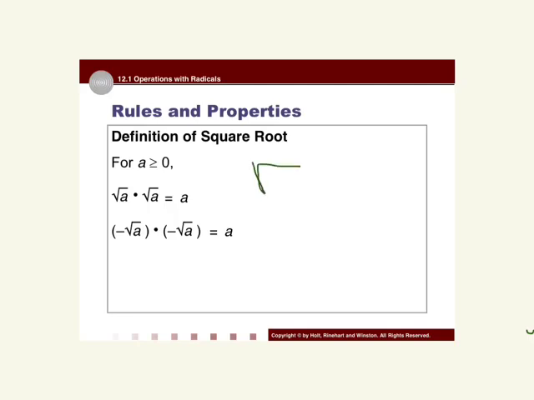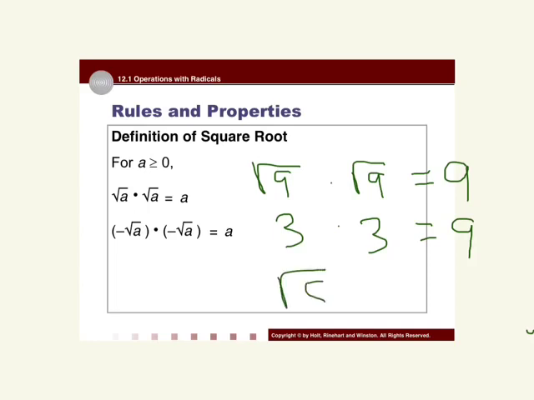Think about this: the square root of 9 times the square root of 9 is equal to 9, because the square root of 9 is 3, and 3 times 3 is 9. Does everybody understand that? Always remember, when you're multiplying two square roots that have the same radicand, the answer is just that whole number. So the square root of 9 times the square root of 9 is 9, and the square root of 5 times the square root of 5 is 5. That's a very important property.